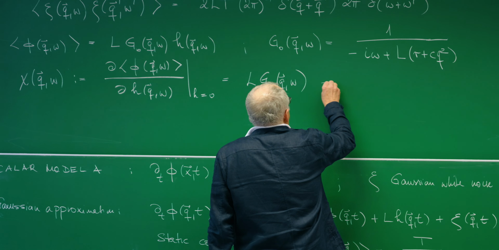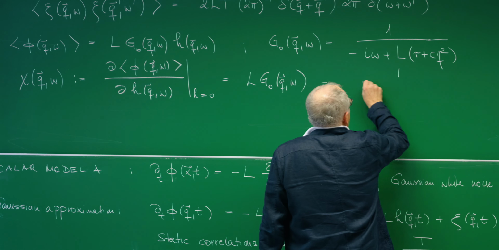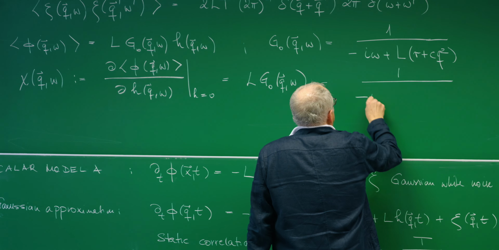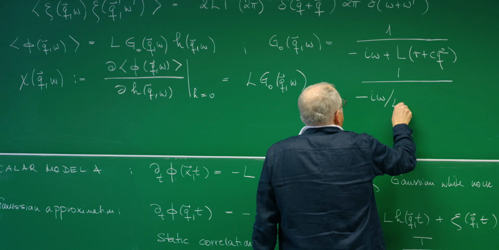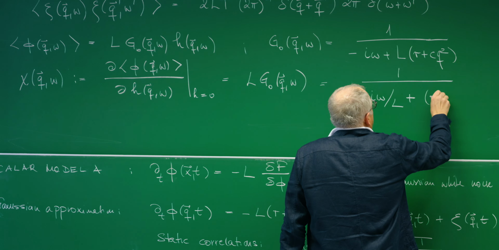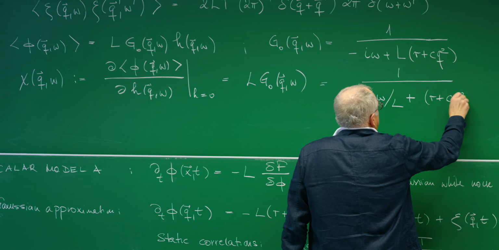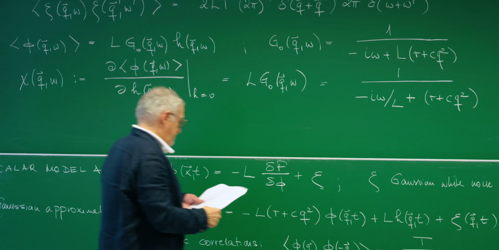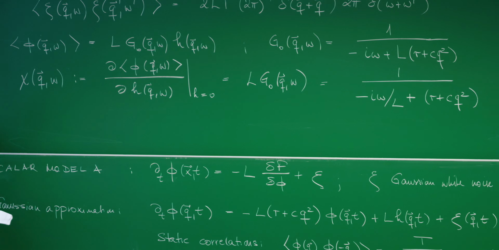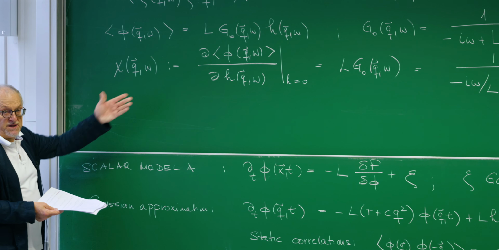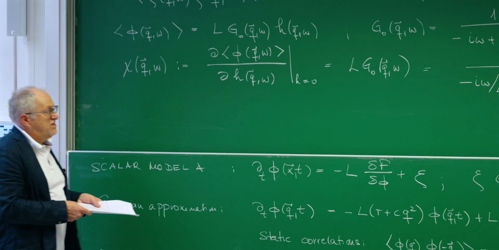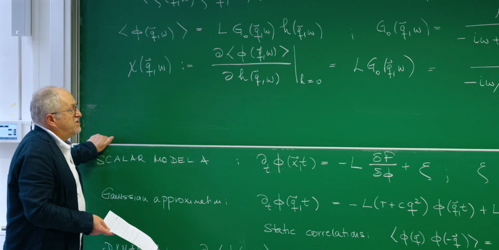All right, so when you write this out, this is then 1 divided by minus i omega divided by L plus r plus cq². And this is the dynamic susceptibility, or the response function.